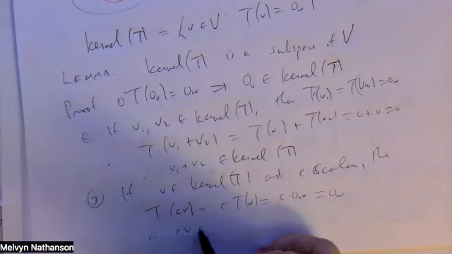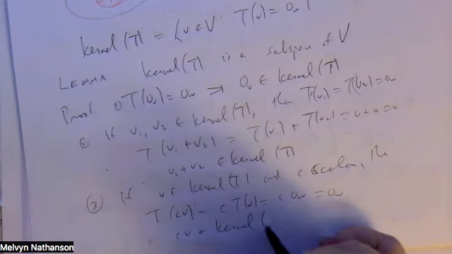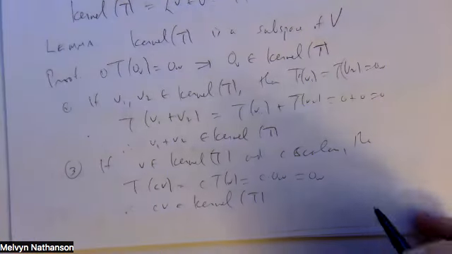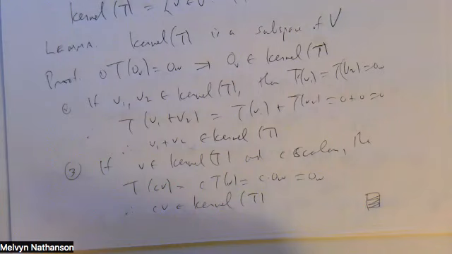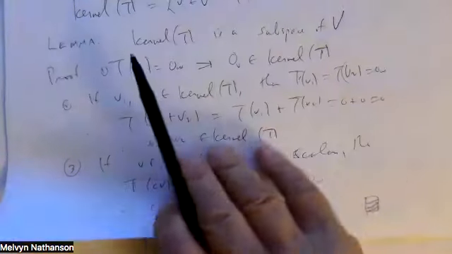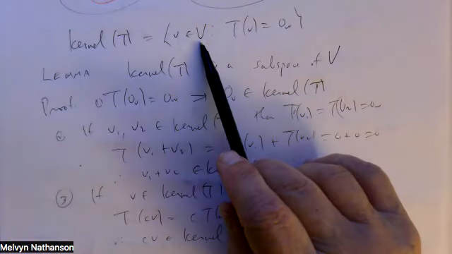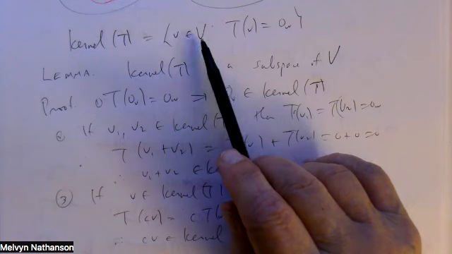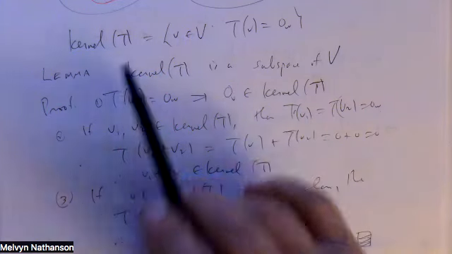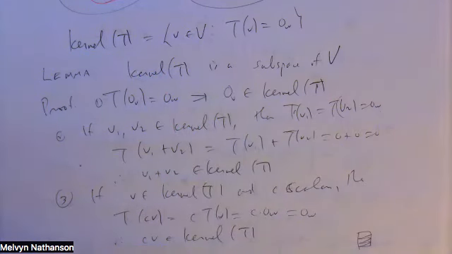So therefore cv is in the kernel of T. So the kernel of T, all the vectors that get mapped to 0, contains 0, is closed under vector addition, and is closed under scalar multiplication. Therefore, the kernel of T is a subspace of V.